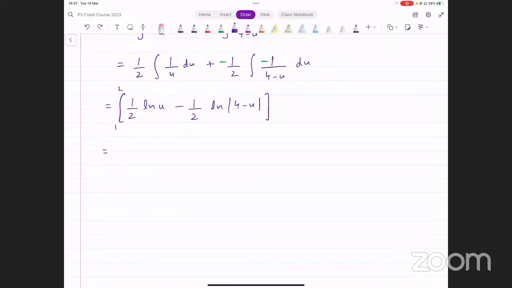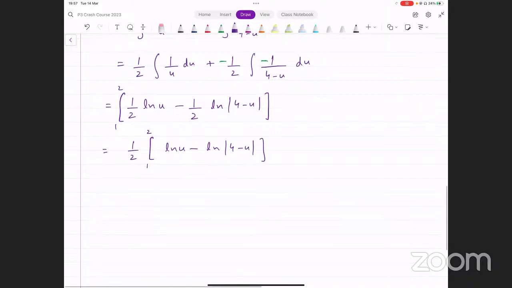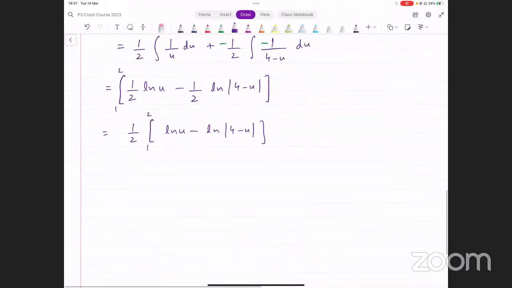Again, half is just a constant, so we can take half common and write it outside. So it becomes ln of u minus ln of 4 minus u. Before inputting the limits, this might be helpful because it makes your calculations relatively simpler. Now just input those limits.